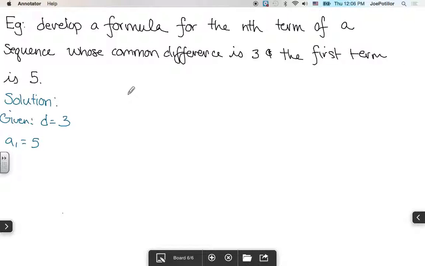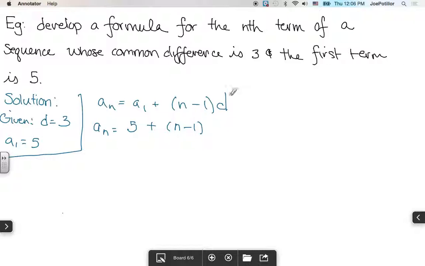If I follow the formula, A sub n equals A sub 1 plus n minus 1 times D, I have the first piece and I have the D piece. So A sub n is equal to 5 plus n minus 1 times 3.